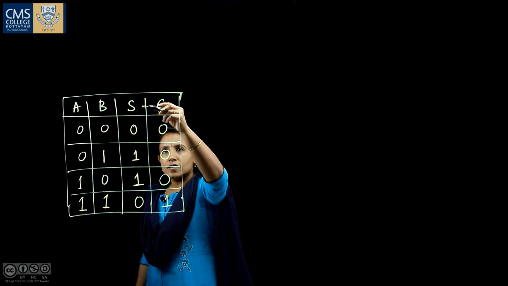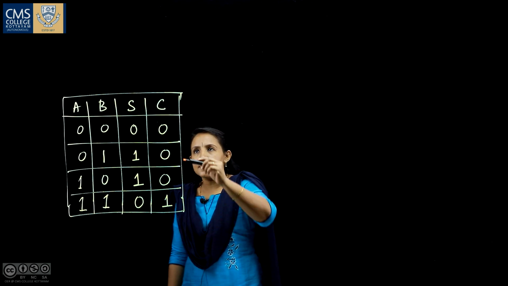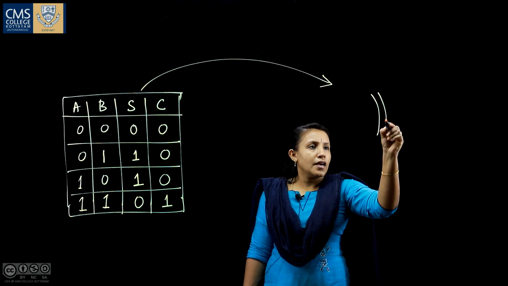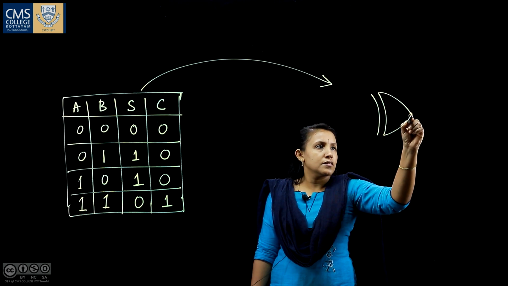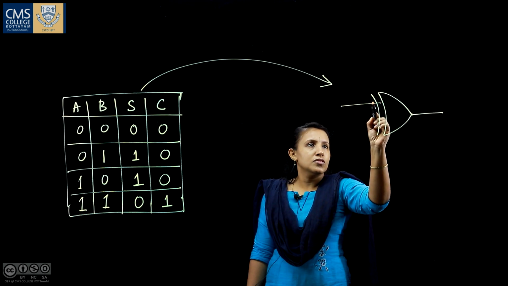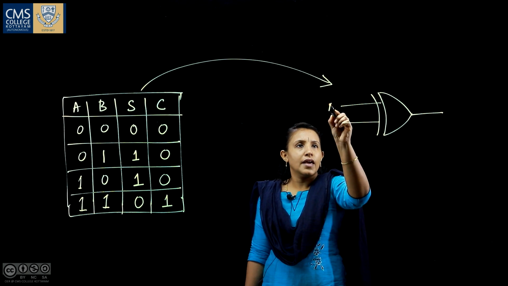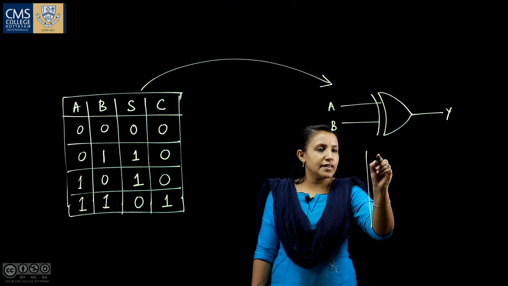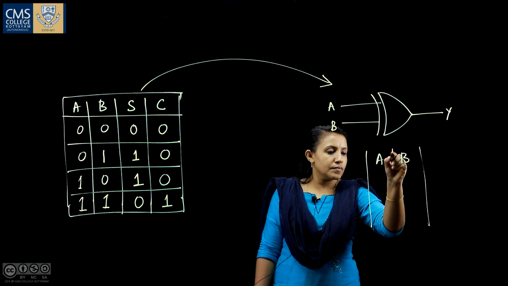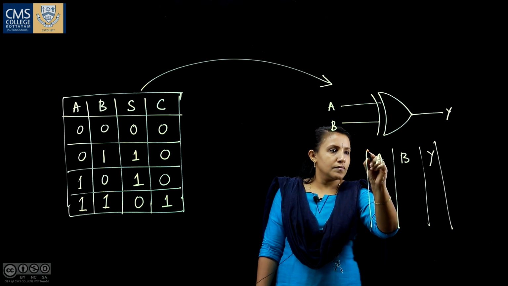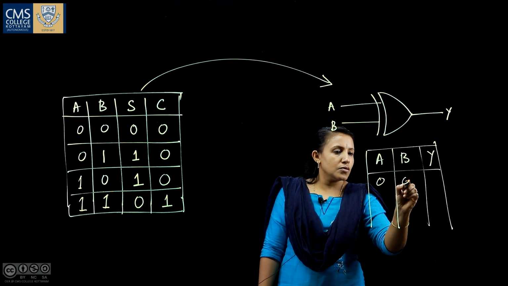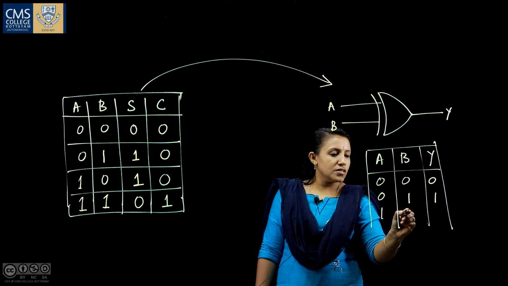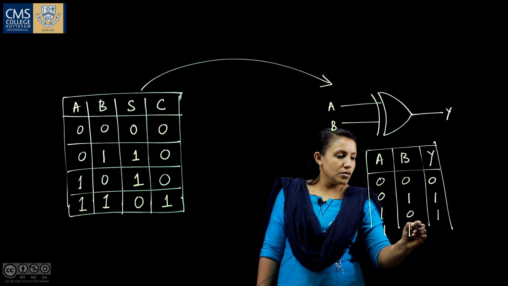If we look at this column of sum, we can see that it is something similar to the XOR gate. XOR gate is something like this. You have two inputs A and B, you have an output Y. The truth table is like this. 0 0 gives you 0, 0 1 gives you 1, 1 0 gives you 1 and 1 1 gives you 0.